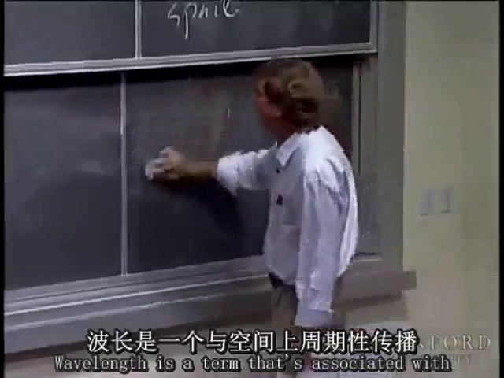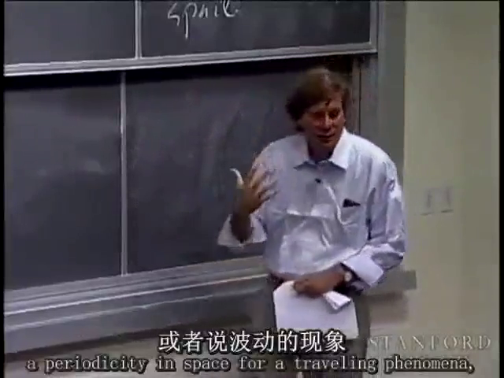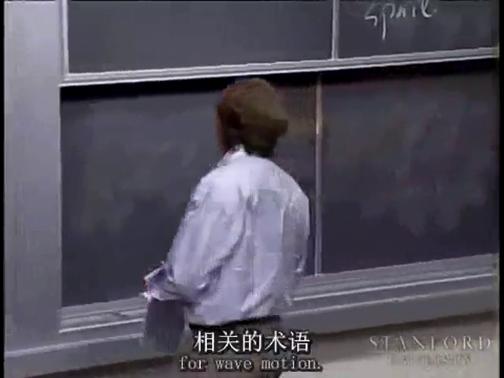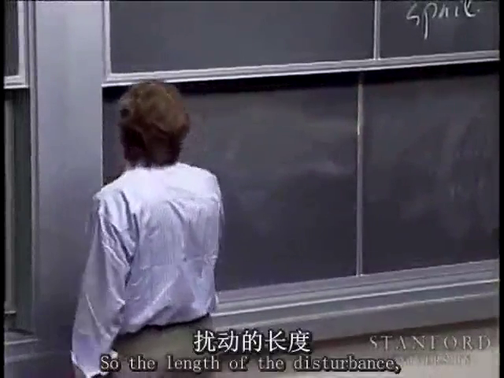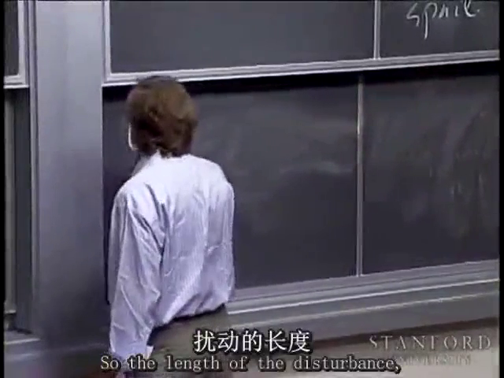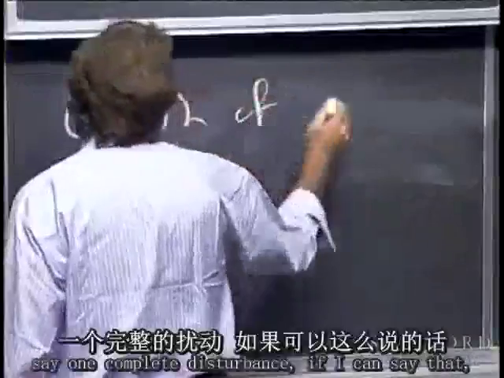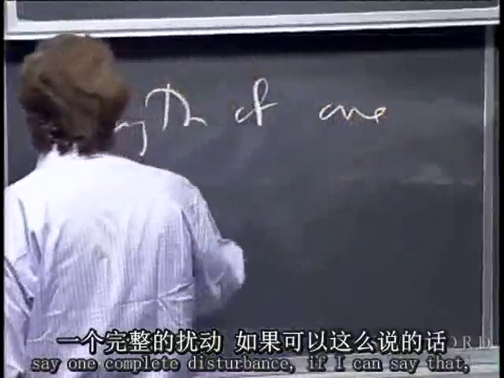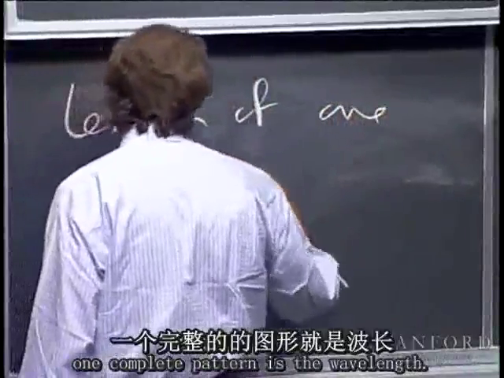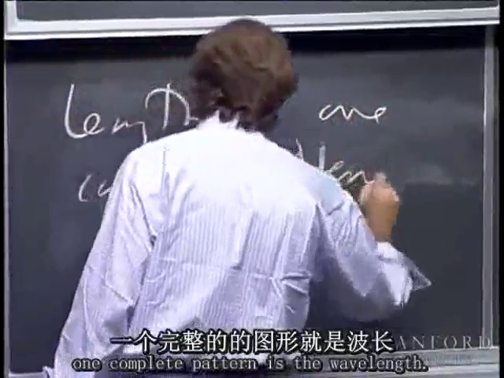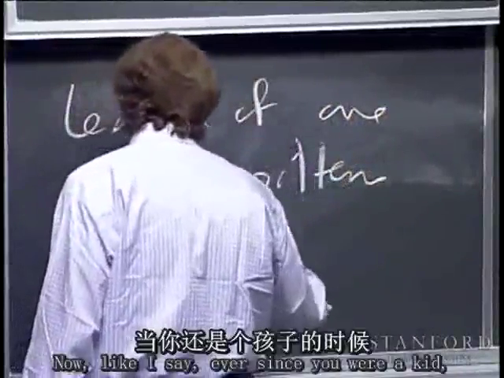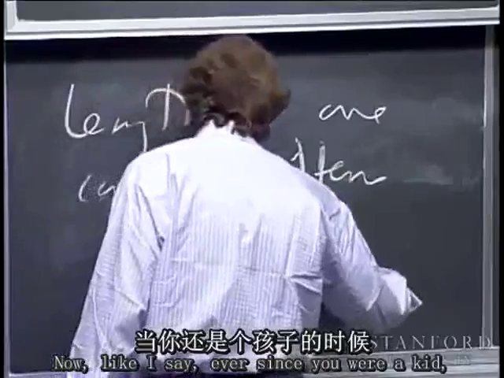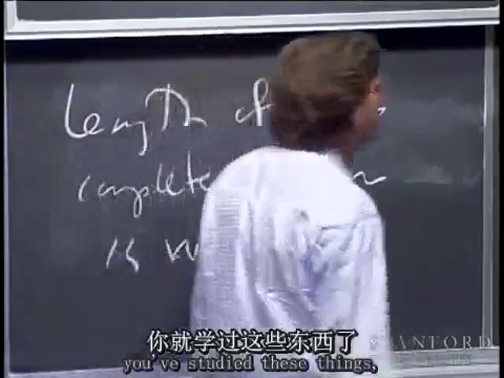Length is a term that's associated with the periodicity in space for a traveling phenomenon, for a wave motion. So the length of one complete disturbance, one complete pattern, is the wavelength. Like I say, ever since you were a kid, you've studied these things.